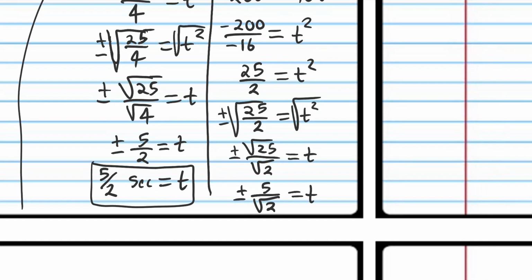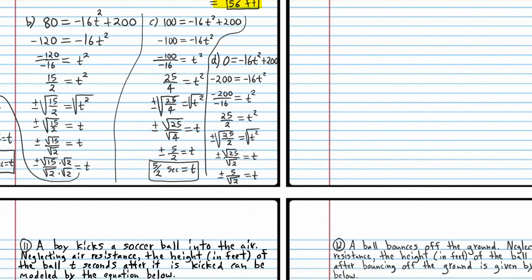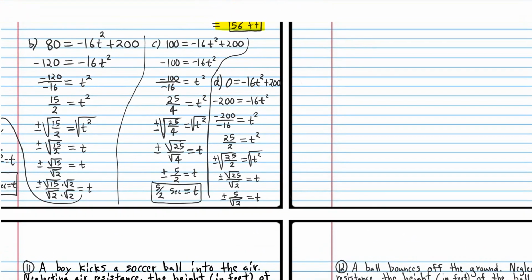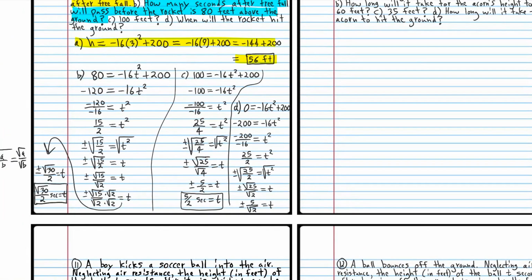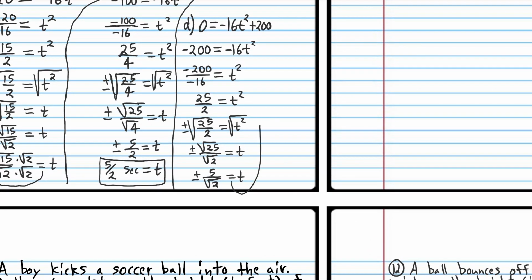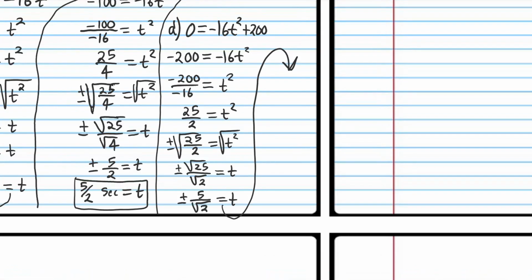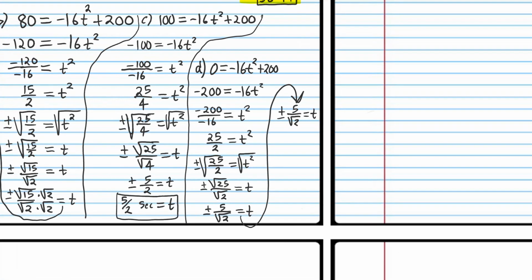So now the problem that we have is we have to rationalize the denominator because we can't have a root in the denominator, right? So I'm going to have to make some more room here. Alright, so we're out of room, so we're going to have to draw a line up here. And we're going to rewrite. And by the way, you don't have to show all these steps where we're rewriting the root.